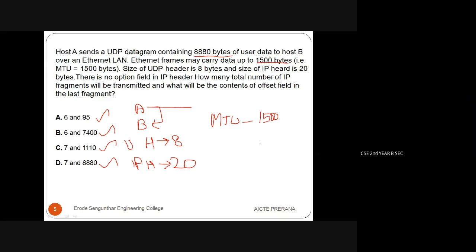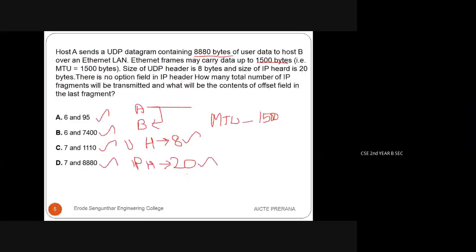Also they have given the header data and the respective IP header data. So we have to find out the offset value and the total number of IP fragments. This is what they have asked.